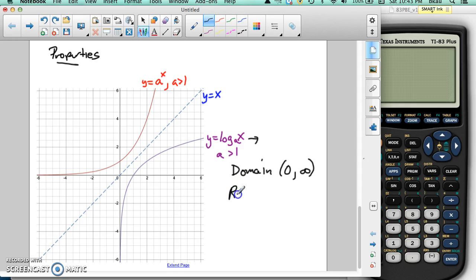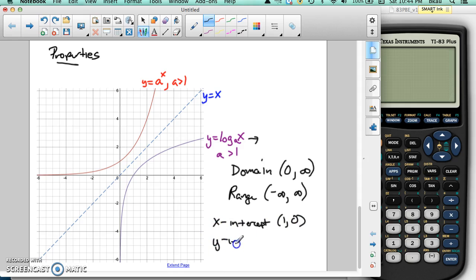Our range is going to go from negative infinity to positive infinity. Our x-intercept is the inverse of the y-intercept, and the y-intercept of a to the x is 0, 1. So the x-intercept is going to be 1, 0.